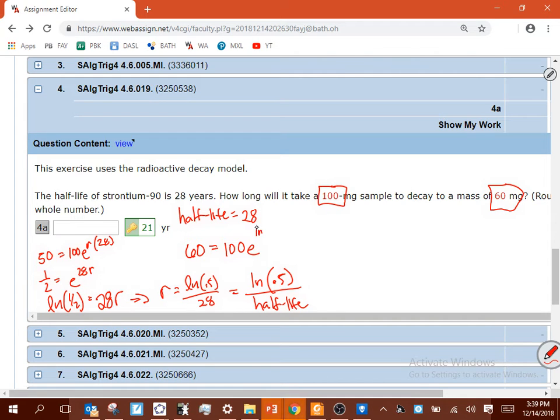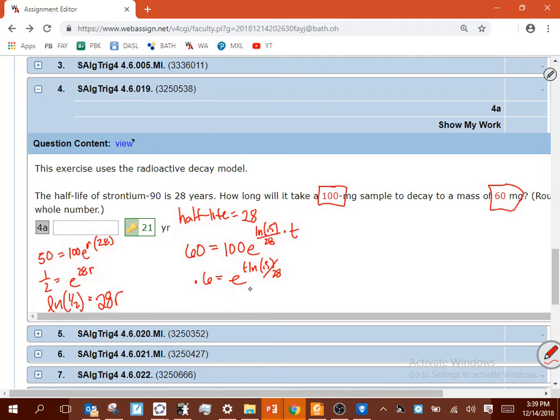So that is our R value that we're going to put right here. We're going to go ln of 1/2 divided by 28, and then times T, because that's what we're looking for. Now all I have to do is divide both sides by 100. It gives me 0.6 equals E to that number, ln 0.5 over 28 times T, with T in the numerator of that exponent.